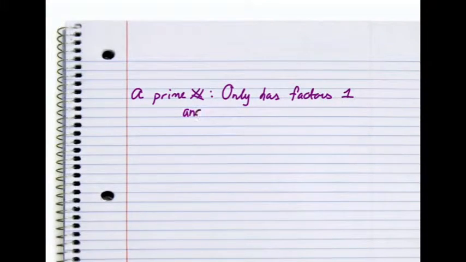First of all, a prime number is a number that only has factors 1 and itself. Now remember, factors are the numbers we use to multiply together to get a product.